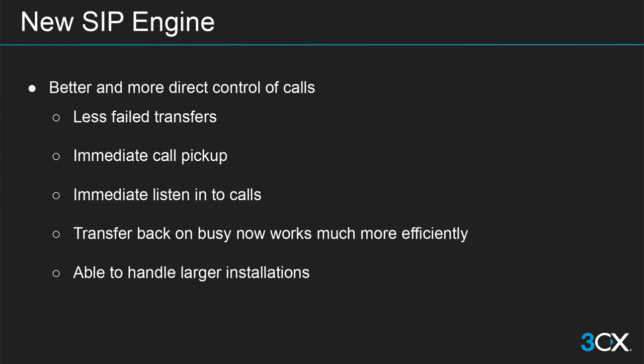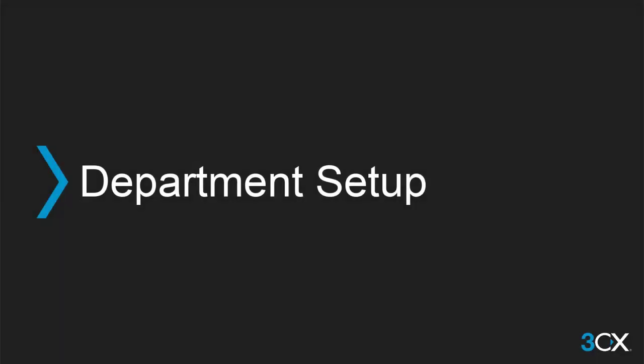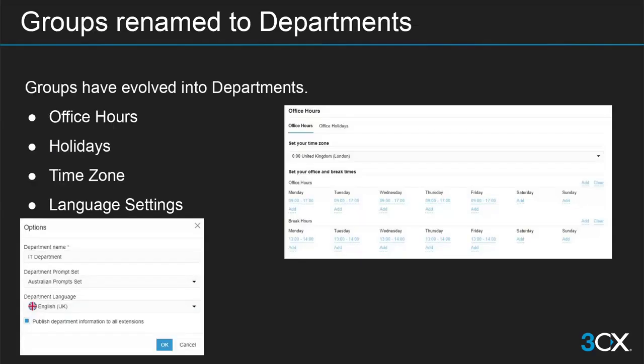For example, we are able to immediately listen into calls. There is no delay. This will also allow us to handle larger installations where more users will be happy using 3CX.